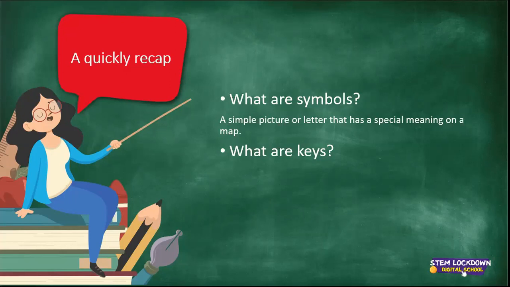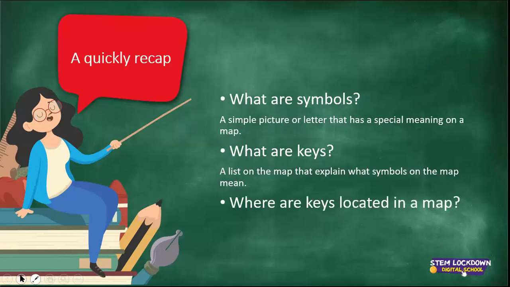That's correct. Thank you very much. Well, let's move, guys. We don't have enough time. I was gonna pick somebody. Keys are the list on the map that explain what symbols on the map mean. Are we clear?